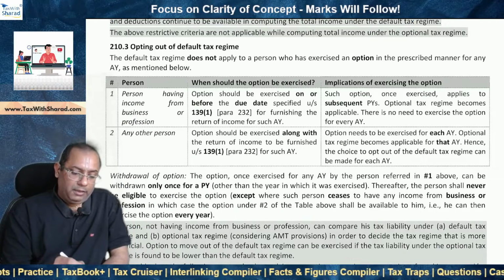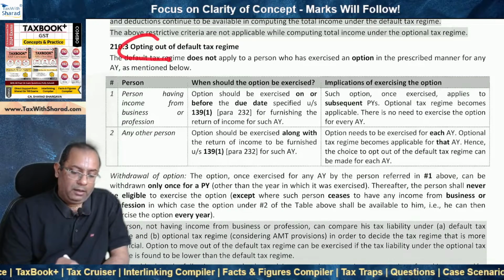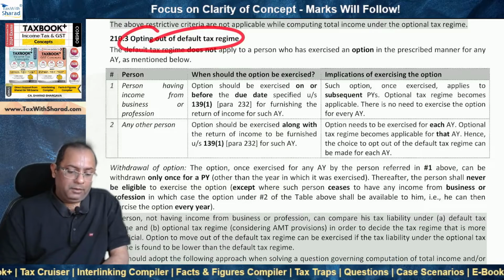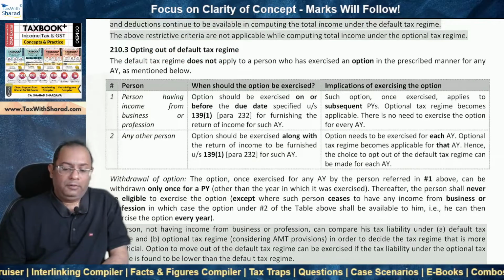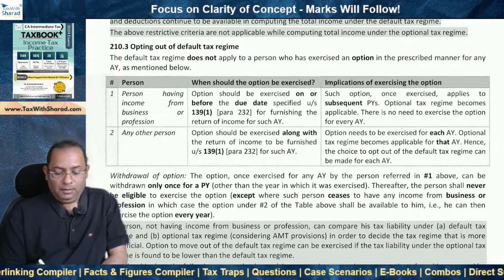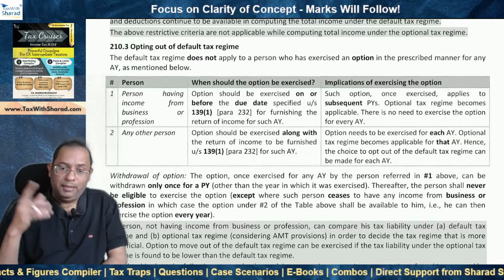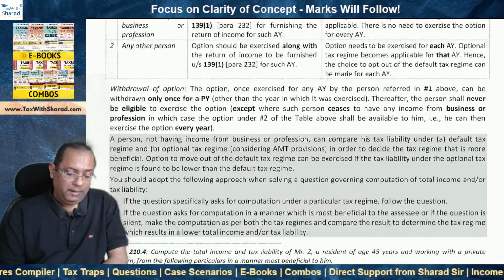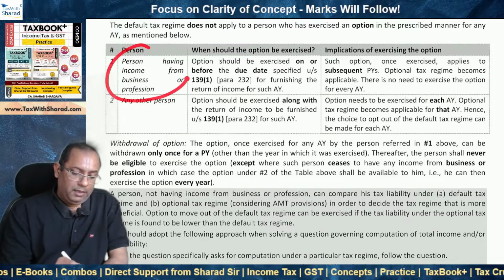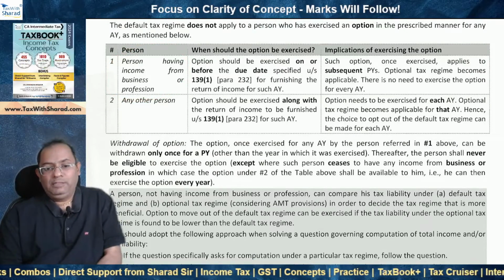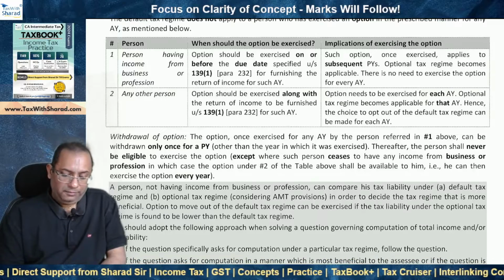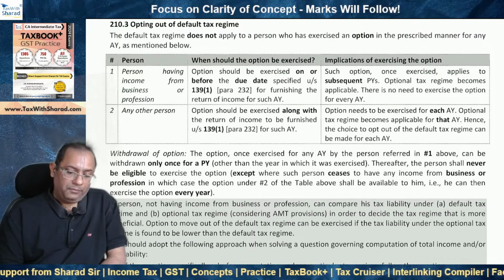Okay, the other thing which I would like to mention here is opting out of default tax regime. So if the person opts out of default tax regime and there are certain conditions, if those conditions are satisfied, the opting out can happen. In that case, optional tax regime becomes applicable. In case of a person having income from business or profession, PGBP income, there is a restrictive condition in respect of opting out.